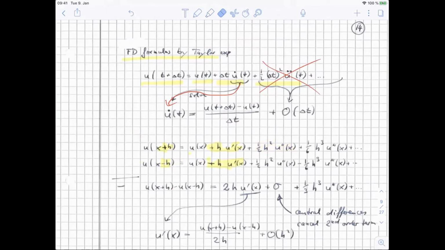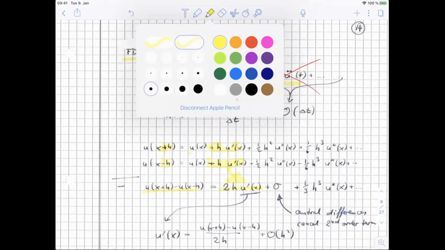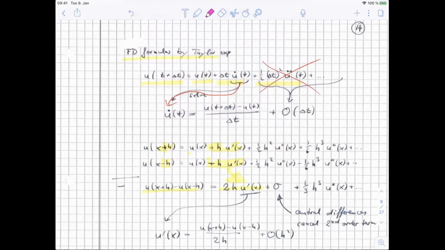The nice thing by doing it symmetrically is, if you now subtract these two expressions from each other, you end up with u(x plus h) minus u(x minus h). You get the term you want here from the first order terms in the middle. But the nice thing is that the next higher terms, because you were doing this symmetrically, the plus 1/2 h squared and the plus 1/2 h squared actually fall out and cancel each other.